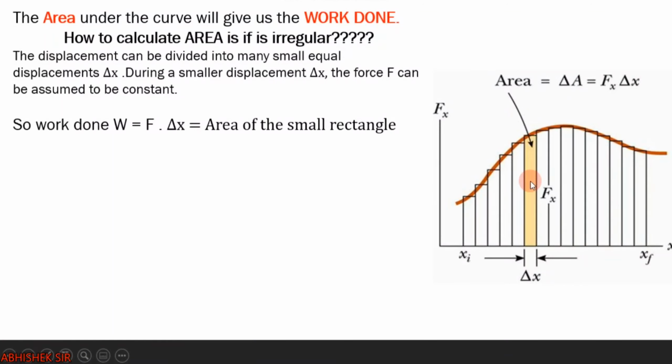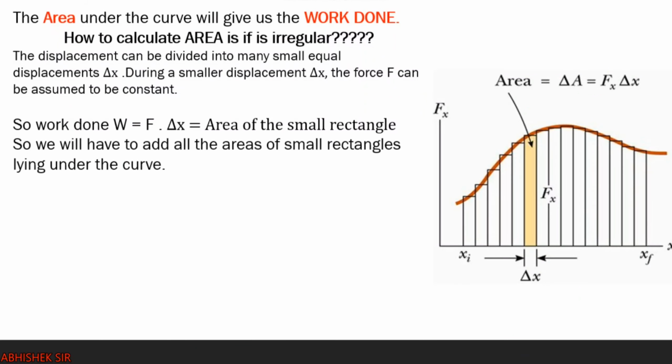Now if you are able to know the area of this rectangle, can you know the area of all these small rectangles? And if we know the area of all these small rectangles and add them, you will find the area of the portion below the curve.